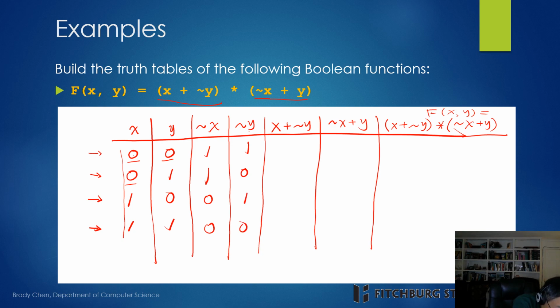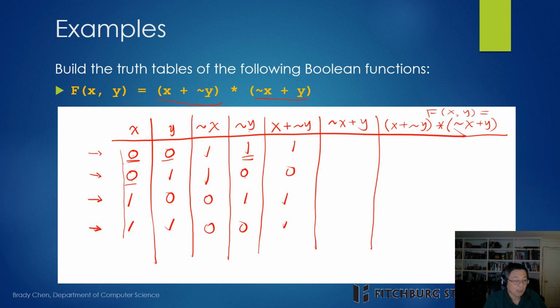And then we build x plus tilde y. This is actually the OR operation. So x or tilde y: 0 or 1, you got a 1. 0 or 0, you got a 0. 1 or 1, you got a 1. 1 or 0, you got a 1.